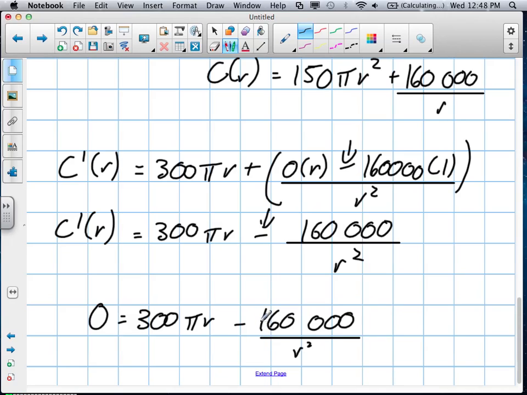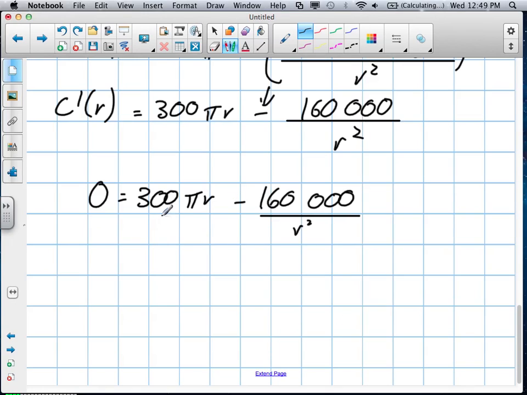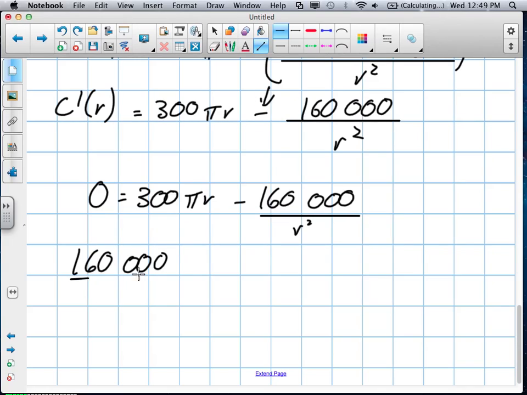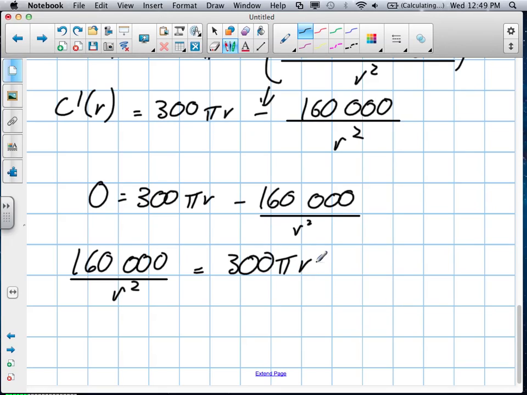Our goal here is to try to figure out our radius. I'm going to move 160,000 over r squared to the other side. We get 160,000 over r squared, when it goes to the other side it becomes positive, is equal to 300 pi r. When I move r squared to the other side and I multiply, we get 300 pi r cubed.